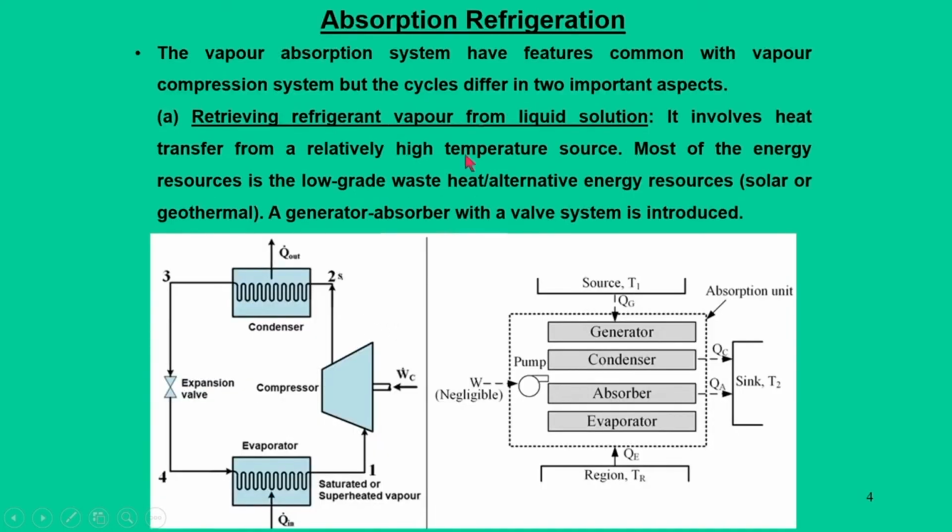So, first of all, let me start with vapor absorption systems. Let us see how a vapor absorption system is different from a vapor compression system. If you recall our analysis, a vapor compression system consists of an evaporator, compressor, condenser and expansion valve. One important aspect is that the compressor takes the majority of our input, and most of this power comes from electrical power, which we call work input.